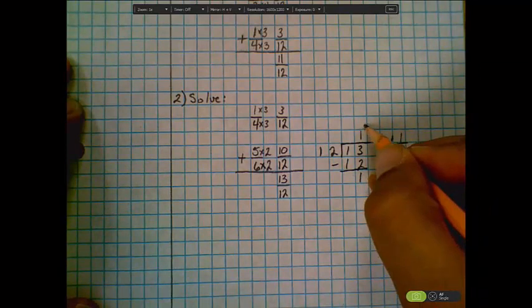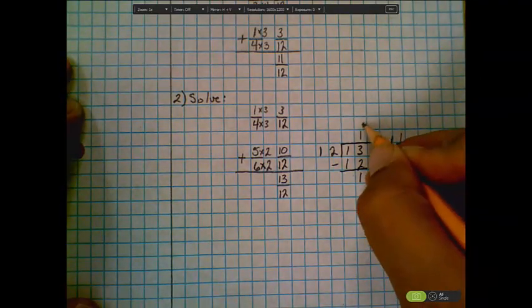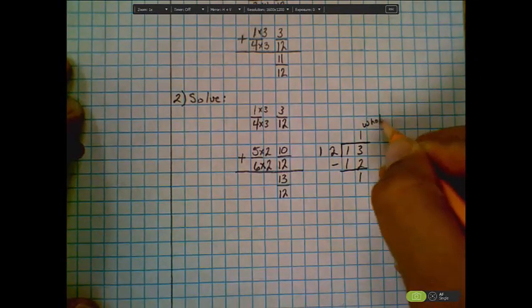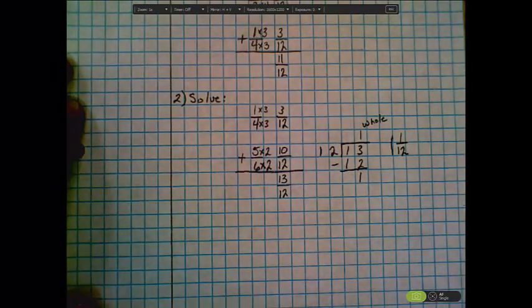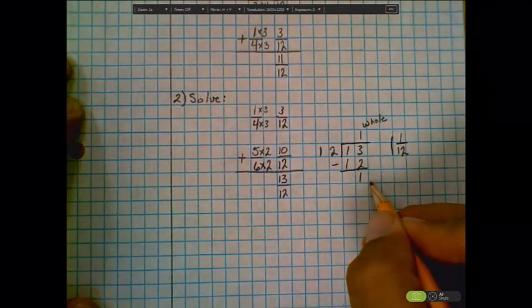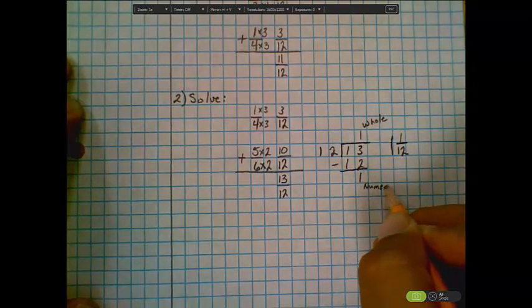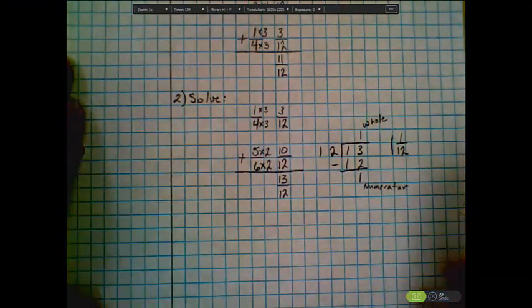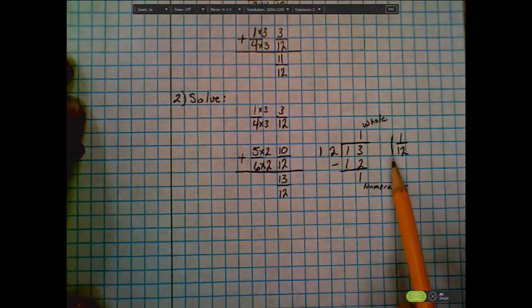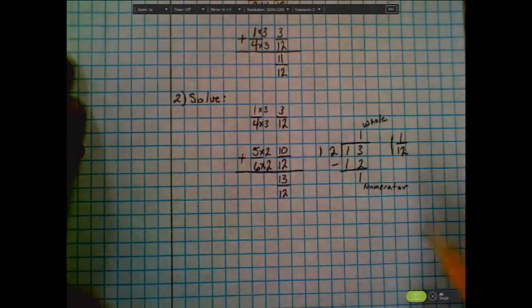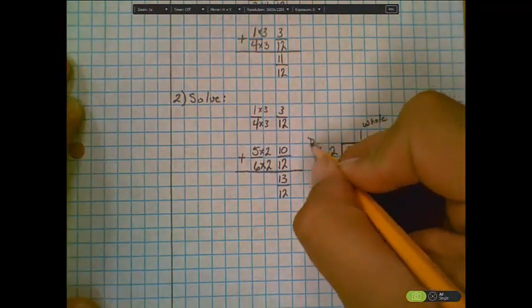Where do we get those numbers from? Well, the number here in your answer is going to be the whole number part. The number here that's the remainder is going to be the numerator. And the number on the bottom of the fraction is going to be the denominator.